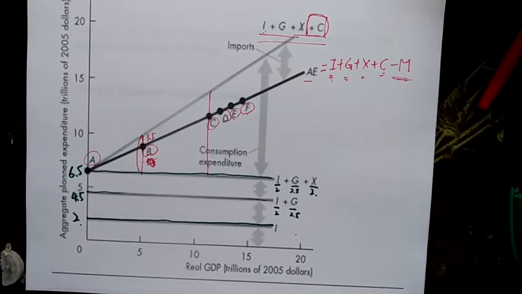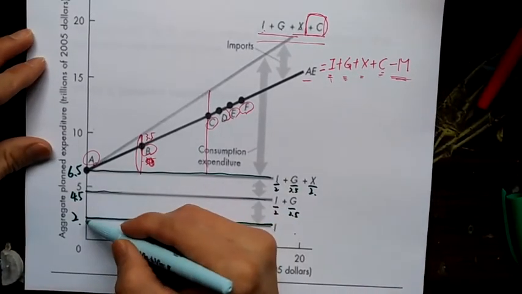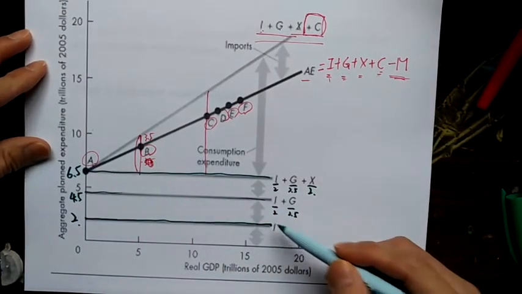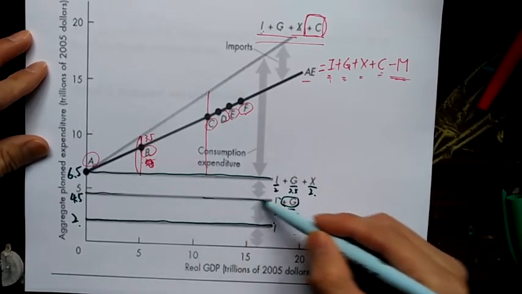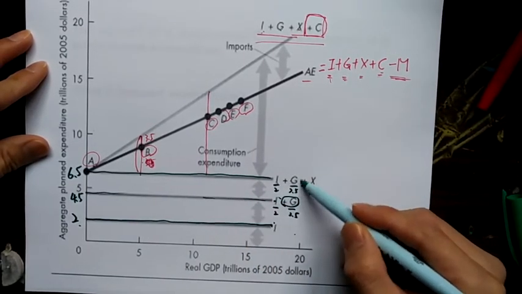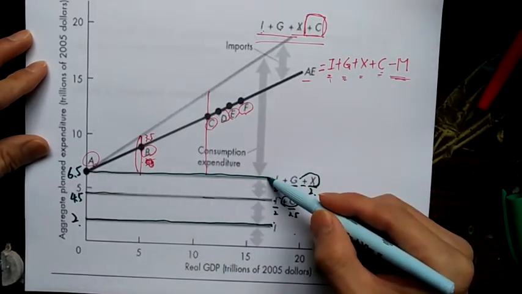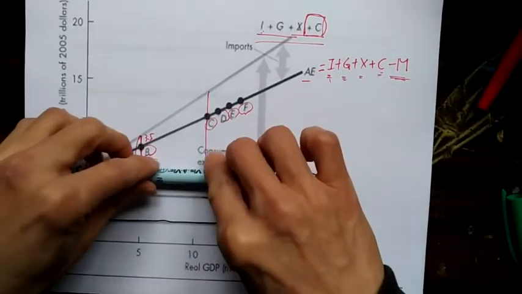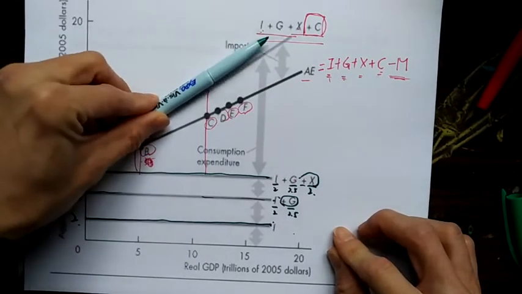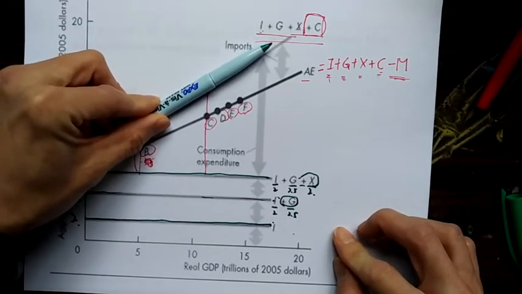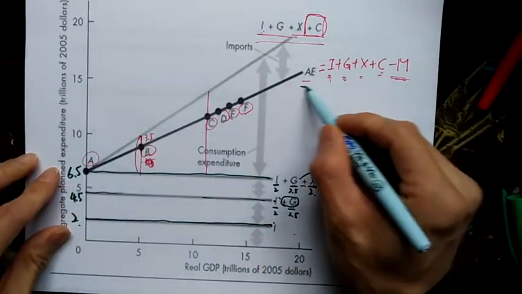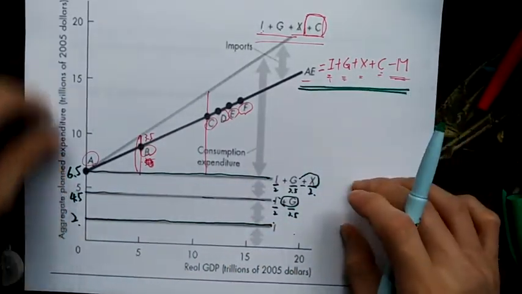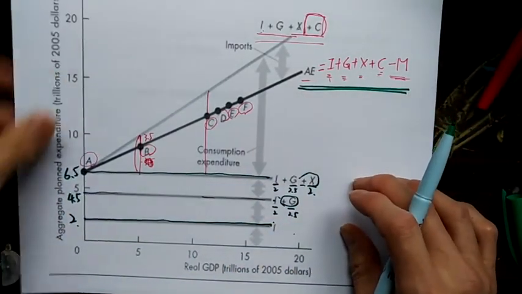Let me do it again. First, you plot I, add G on top, add X on top, and then add C on top, and then subtract M. This is what the aggregate expenditure function looks like.